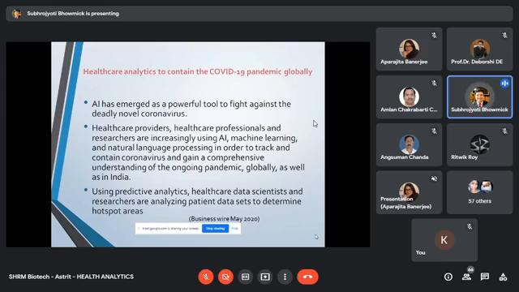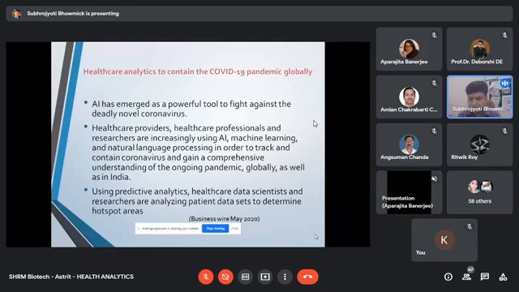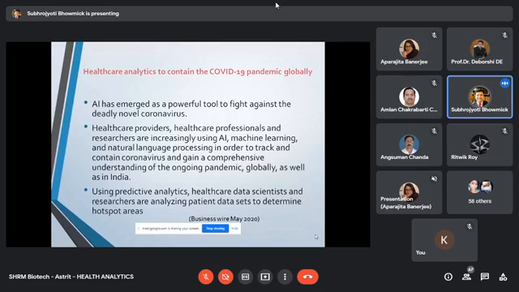And artificial intelligence is now expected to contain this pandemic globally. AI and healthcare analytics will be an important tool to fight the deadly coronavirus. Already in the developed world, healthcare providers and professionals have been using AI and machine learning to track and contain coronavirus infection.